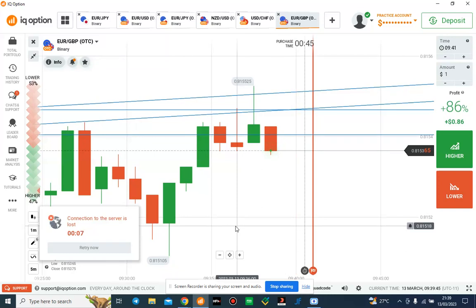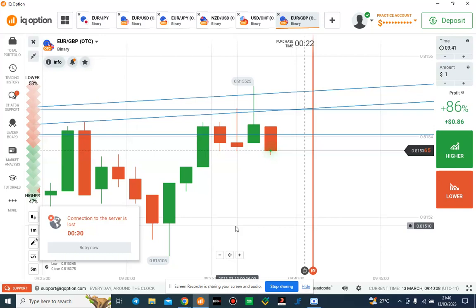Okay, there's something I also want to talk about: trading support and resistance areas. After you have analyzed the trend, because that is the first thing you do, analyze the trend. Is it a downtrend? Is it an uptrend? Is it a ranging market?